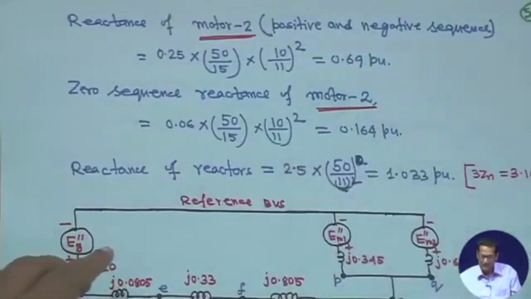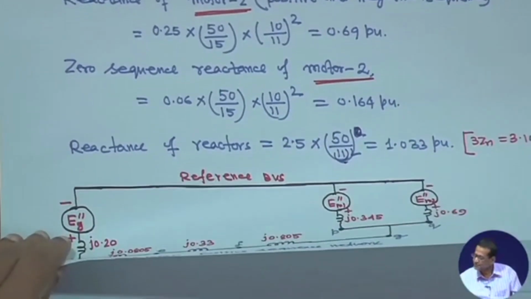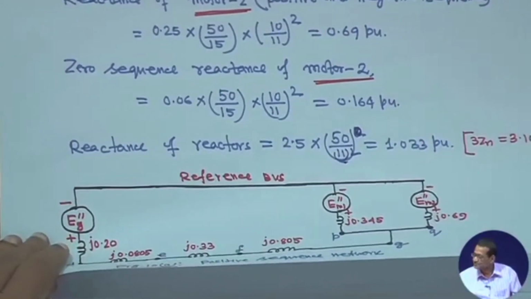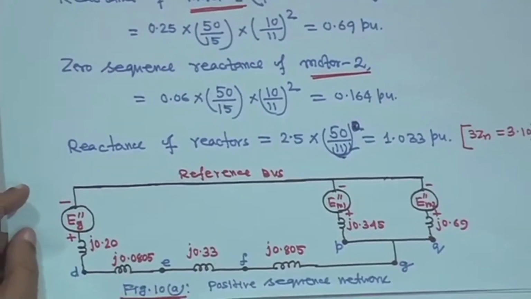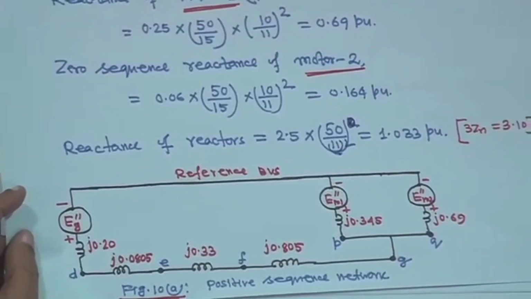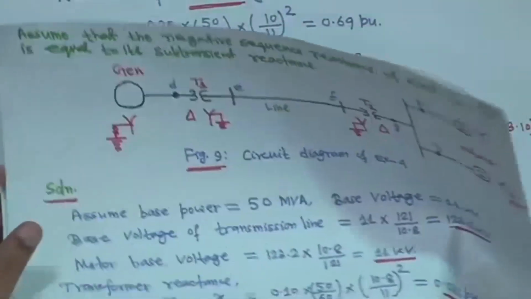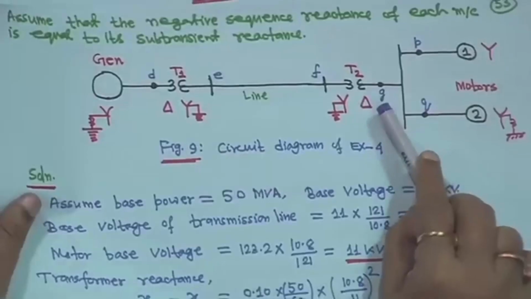So, after making all these calculations, just hold on here. This point I missed before when I was showing the diagram: this is marked as G, I have marked it now.